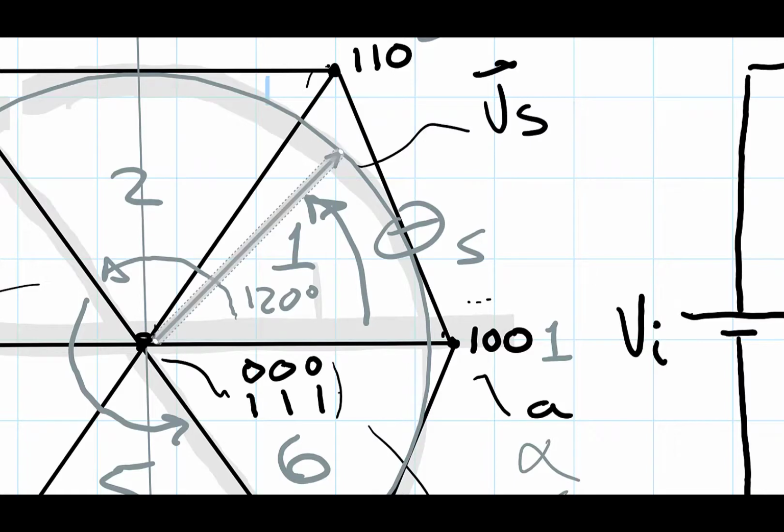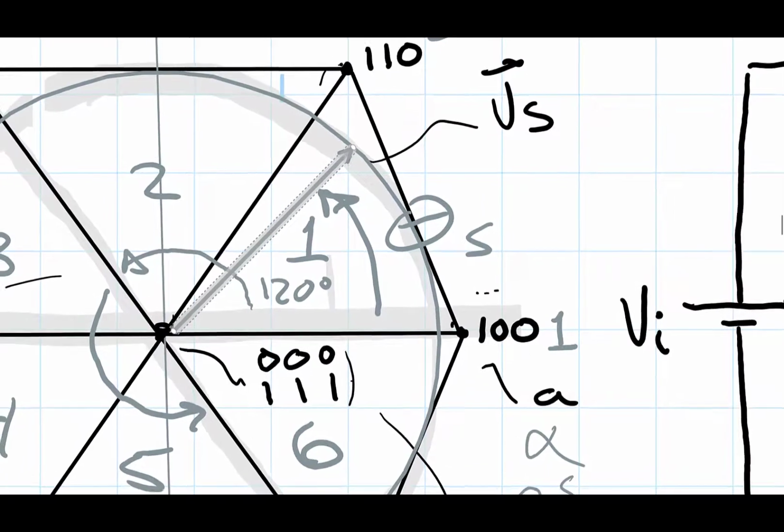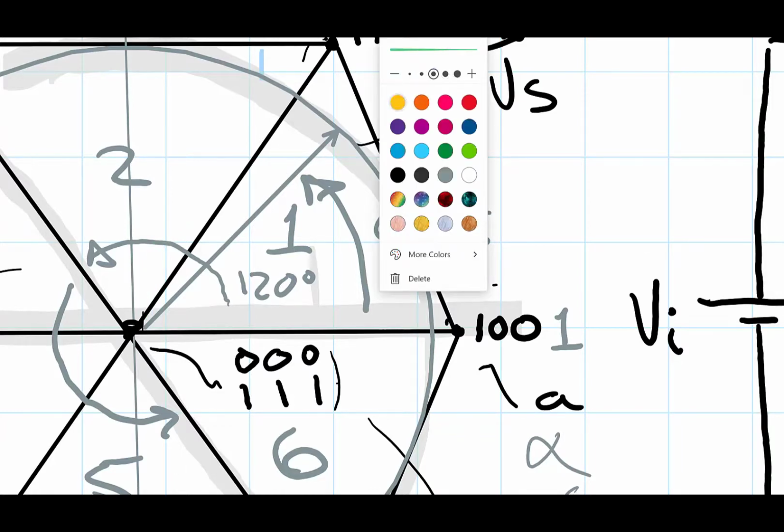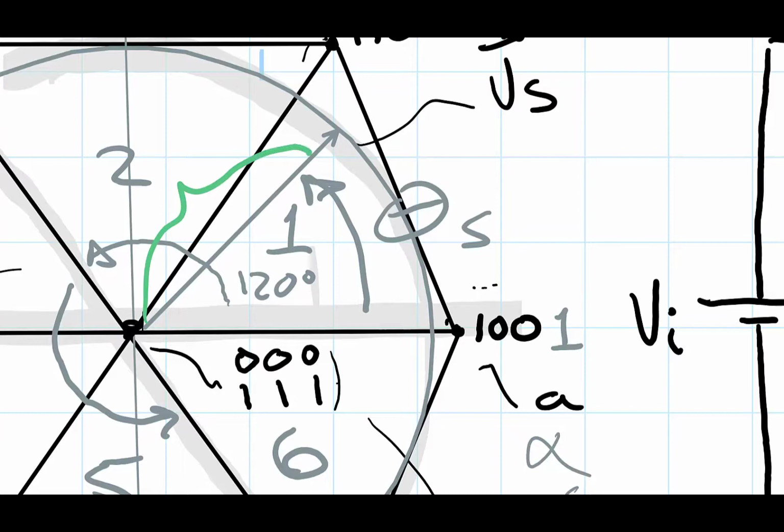If it's of this circle, that's the maximum amplitude that you can control within this hex using standard sine triangle PWM. What this represents, the magnitude of this phasor, that magnitude right there is the peak voltage magnitude.